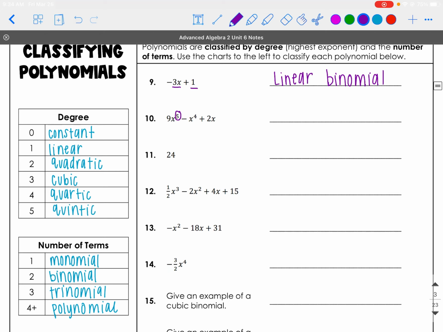Number 10, my degree is 5. And I have 3 terms. So a quintic trinomial. 24. I don't have an x at all, and it's just one term. So it's a constant monomial.